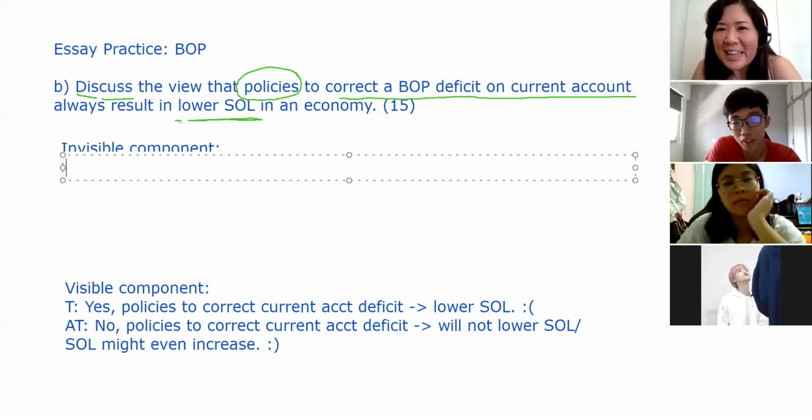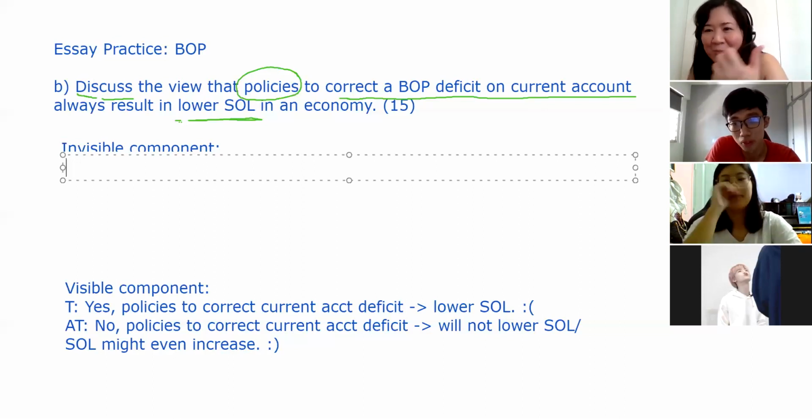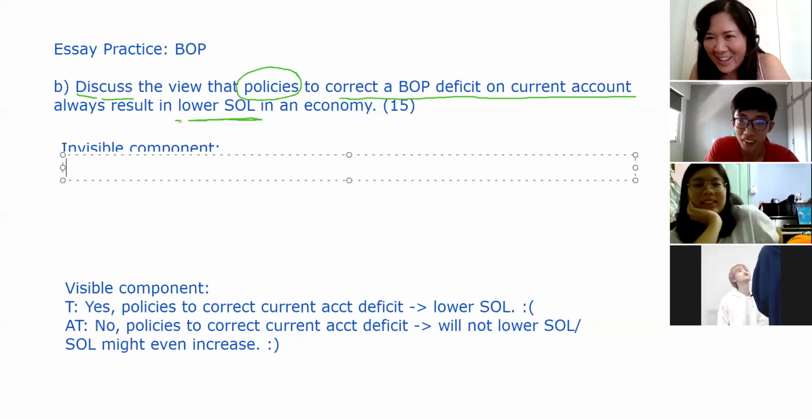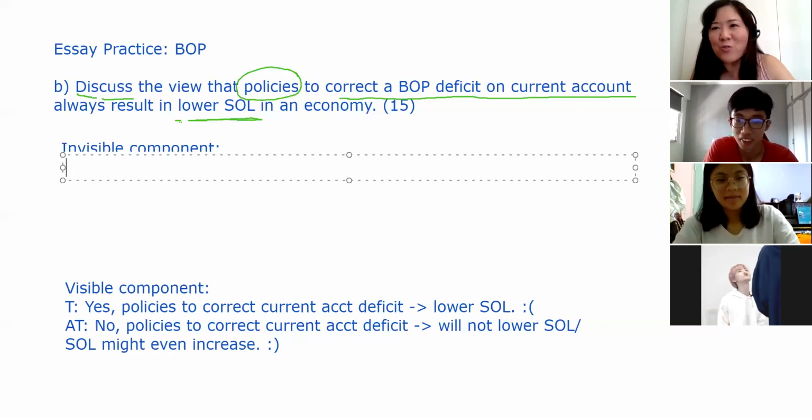In his prelims, he mistook the BOP deficit or current account deficit for a budget deficit, just like you. He could have gotten an A for the prelims, but in the end got a C, something like that. So you have to be very careful, because once this is wrong, it's wrong throughout.